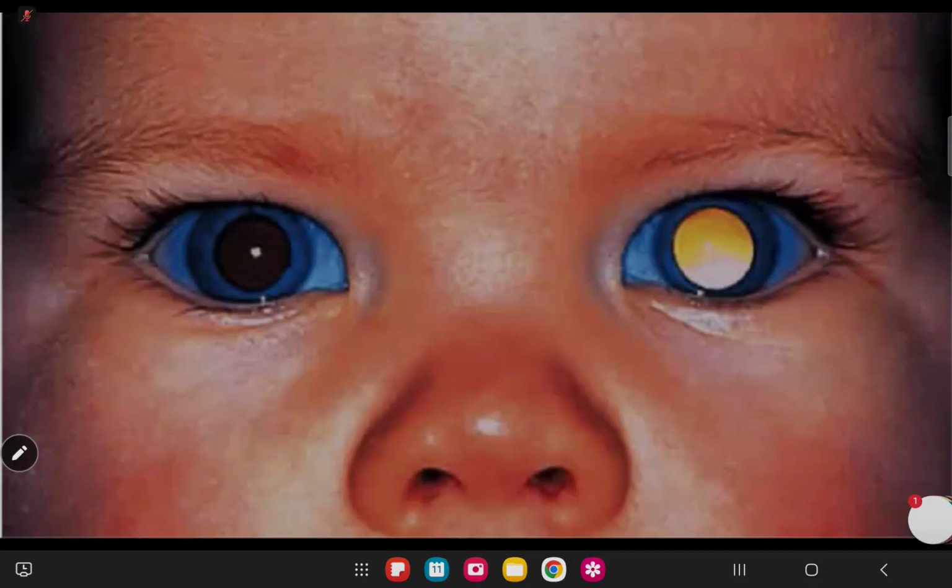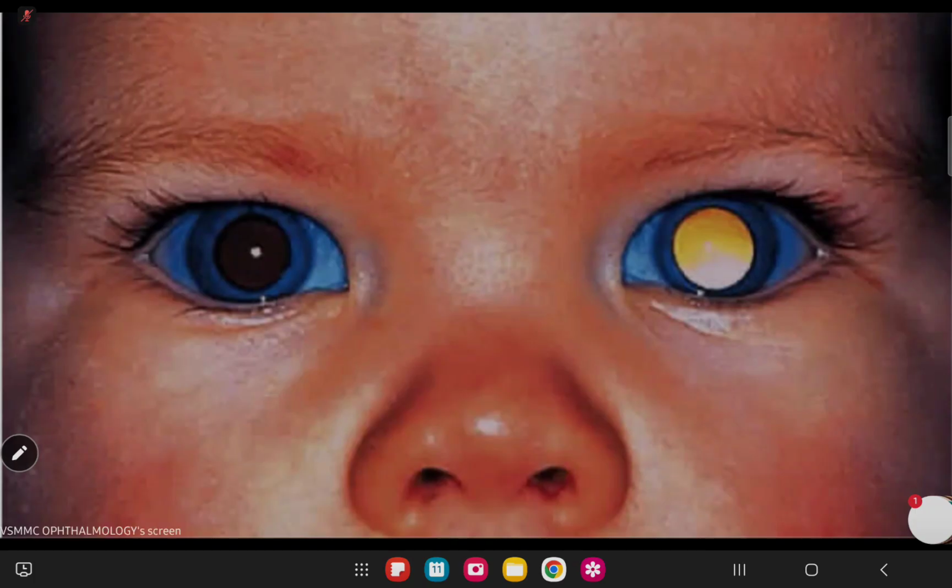Next, for patients having an impaired red orange reflex, when upon picture taking you can actually appreciate the red orange reflex.